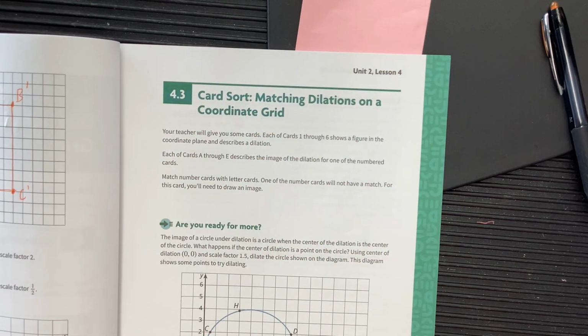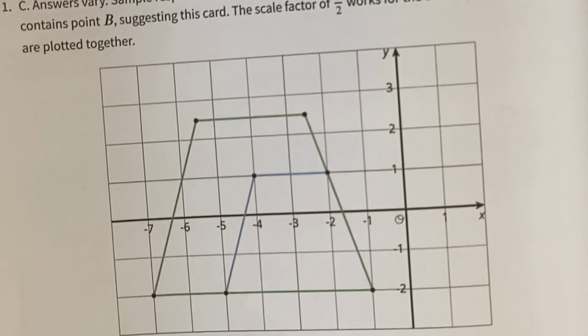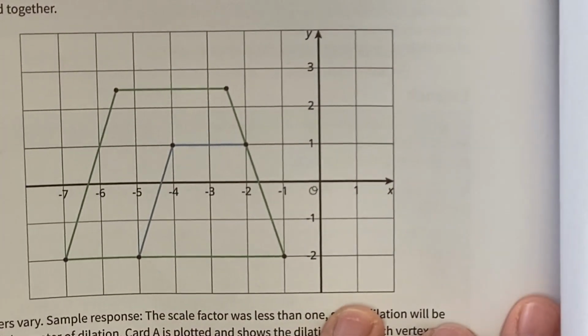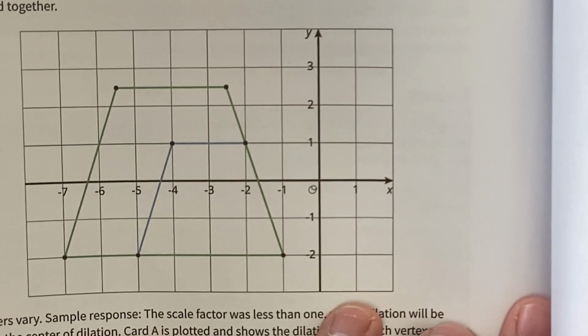So picture number 1. That's what it should have looked like after you translated everything from the proper point. Goes from 1 to the other there. Scale factor of 3/2, 1.5 times bigger. That's what it should look like.